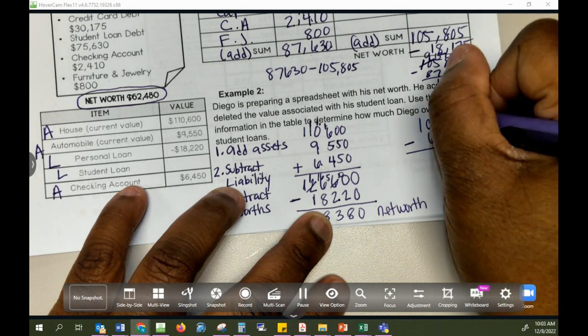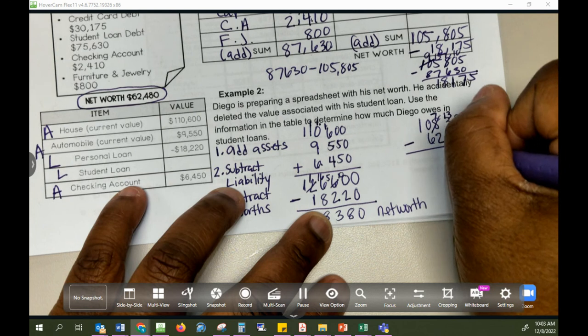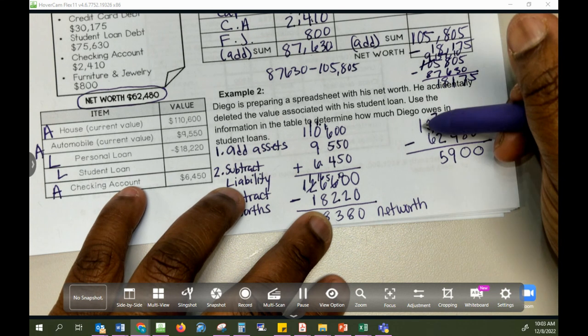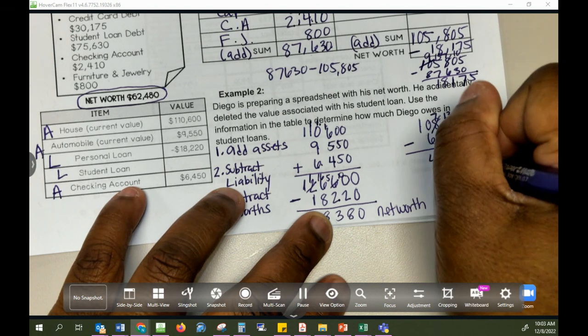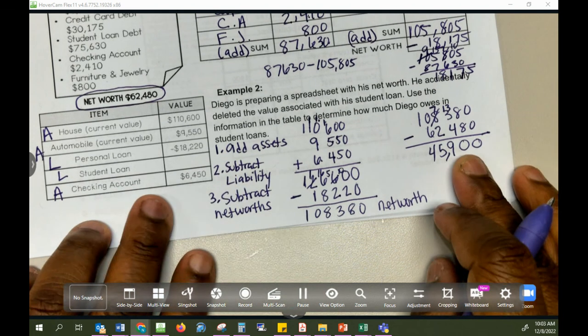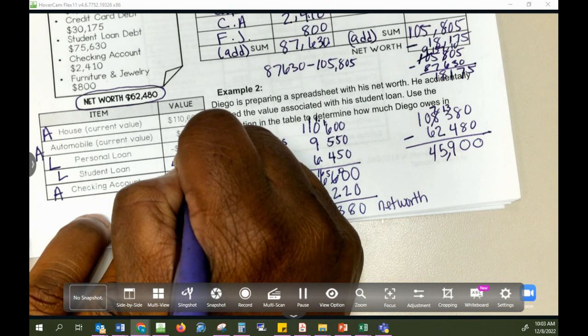So I got to borrow, make this 7, make this 13. 13 minus 4 is 9. 7 minus 2 is 5. And then 10 minus 6 is 4. So the value that's missing for his student loans is 45,900.